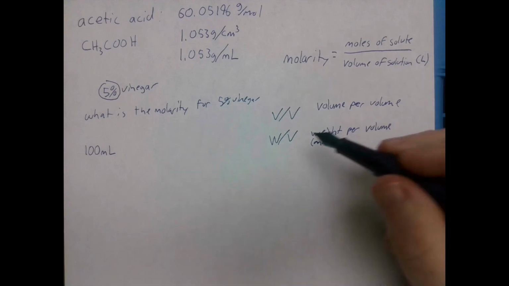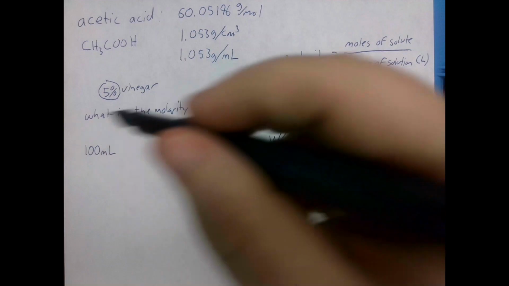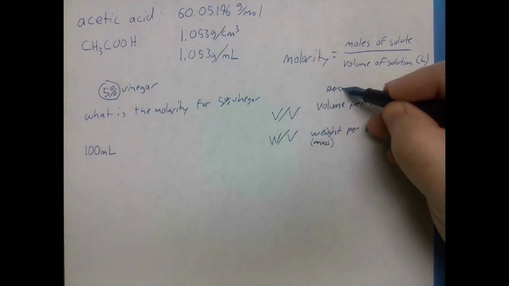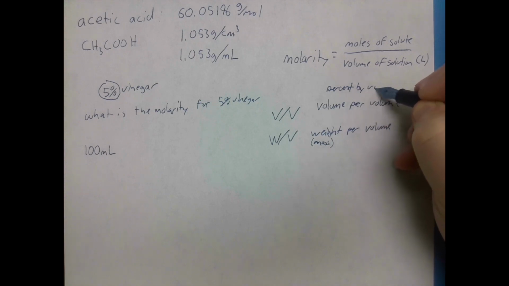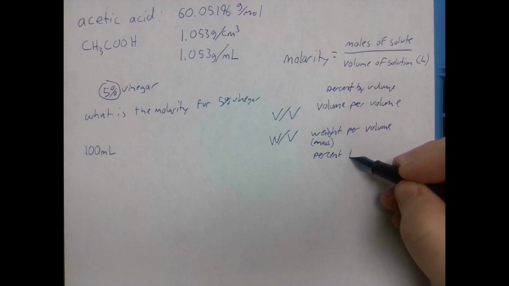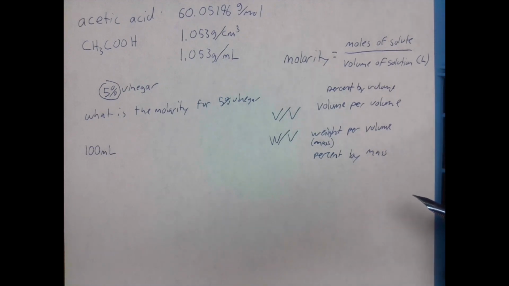But there's 2 ways we could have done this. It could be 5% by mass or 5% by volume. So you can have a percent by volume, or you can have a percent by mass. Sometimes these work out the same. That's assuming that the density is close to the density of the liquid you're putting it in. And what's the density of water?